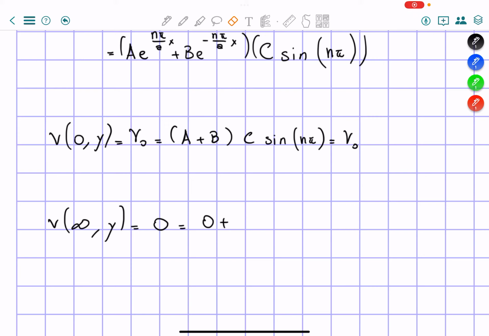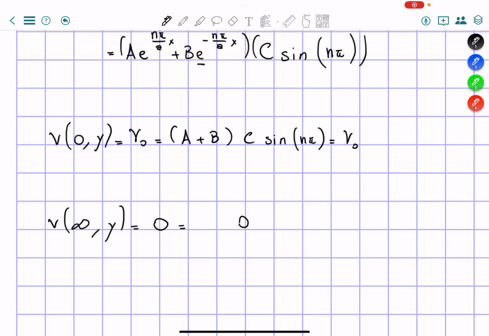Actually, sorry, I miscounted the other one. So we get b times e to the power of negative infinity, which is equal to 0.